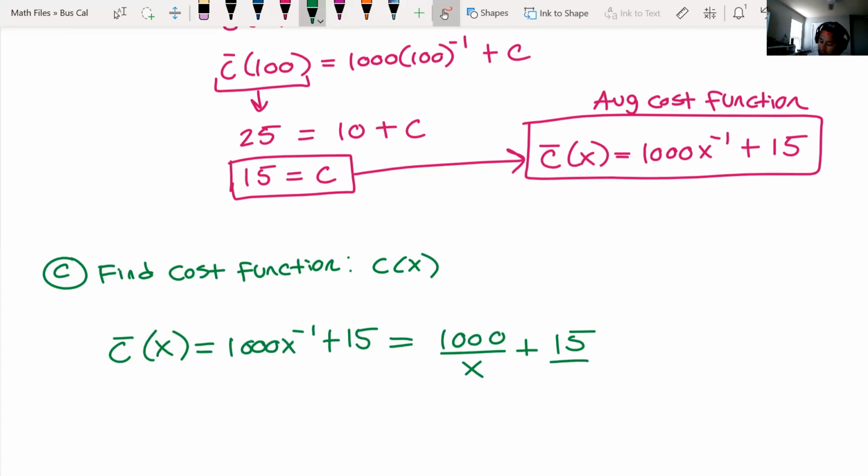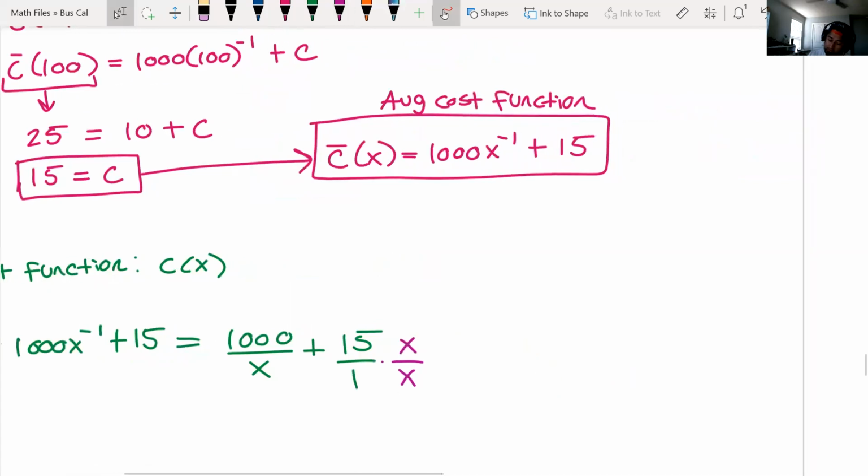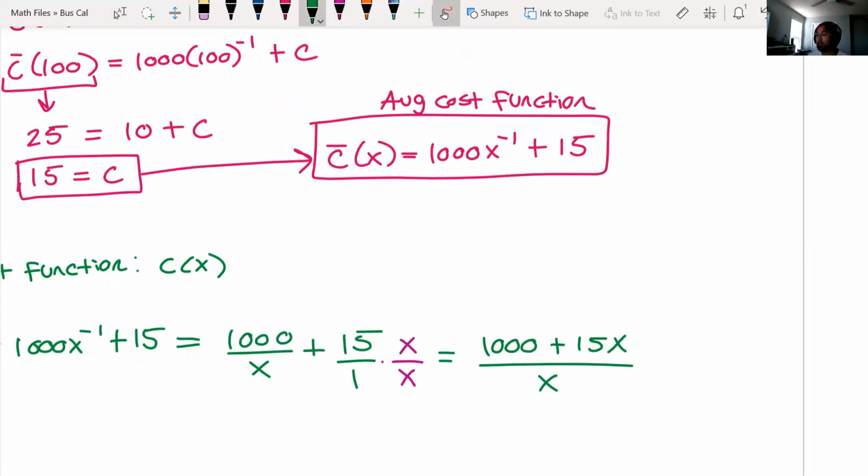So if I put 15 over 1, I just multiply by my common denominator of X over X. Because you want them to have the same denominator. So I multiply that by X. So this becomes 1,000 plus 15x over the same denominator of X.